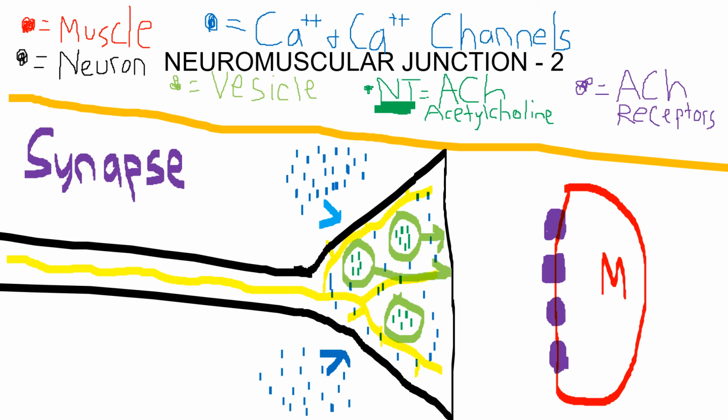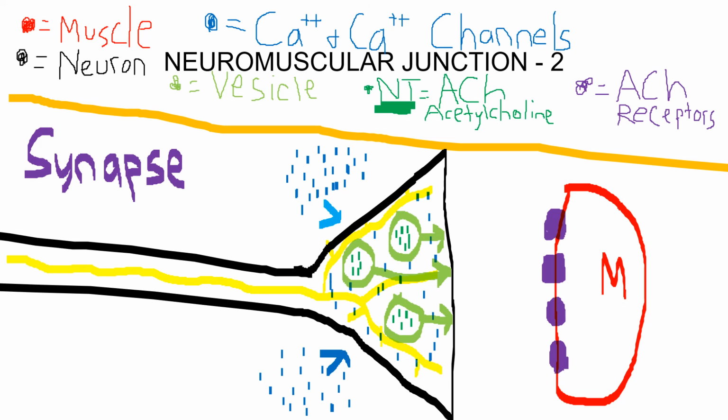It kind of forces them to migrate towards the edge of the cliff here. And then once they get to the very, very edge, what they do is they spit out the contents inside of the vesicle. And we learned about this in chapter 3. This is a form of active transport, and what happens is we have a vesicle, we have stuff in it, and whenever we spit something out of the cell, we call that exocytosis, right?